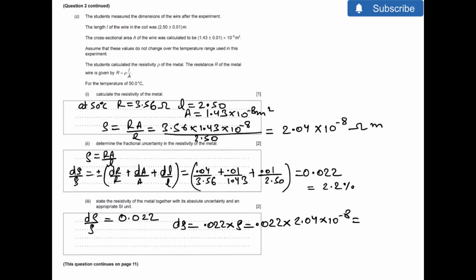So this value comes out to be approximately 0.05 × 10^-8. So the value of ρ will be equal to 2.04 plus minus 0.05 × 10^-8, and the unit will be ohm meter.